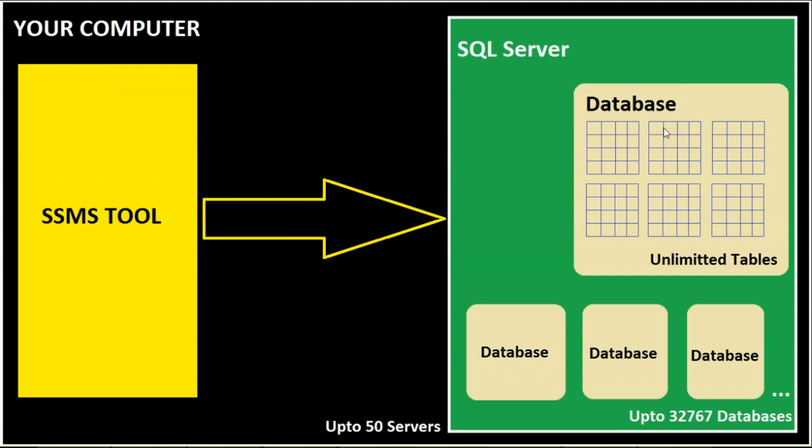Yes, a server contains databases and a database contains tables, right? Isn't it, friends? Server, then database, and database has tables. Let's understand now how to work with this information step by step.